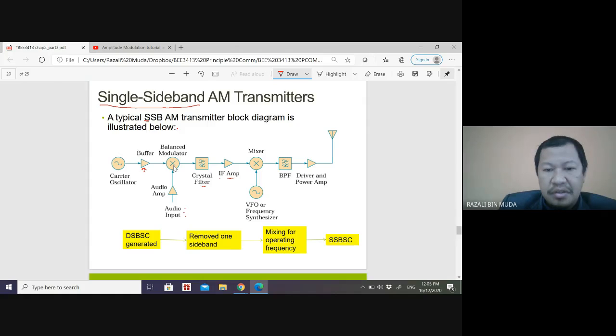Here double sideband suppressed carrier is generated, and then here they remove one sideband.